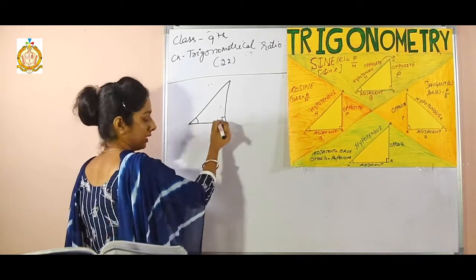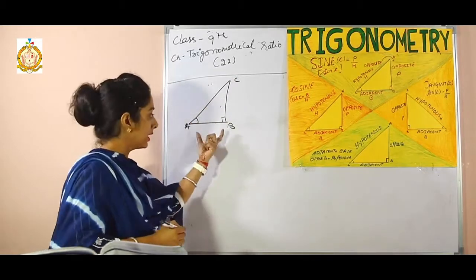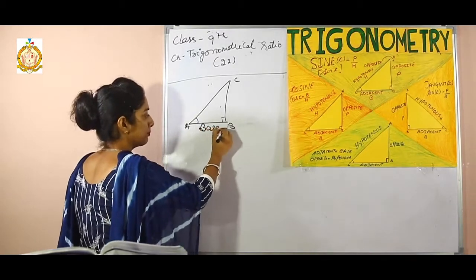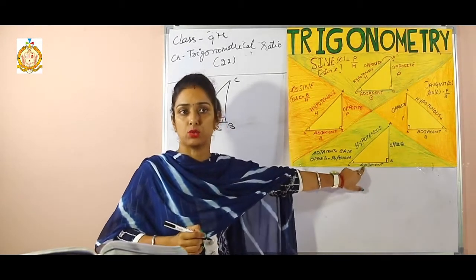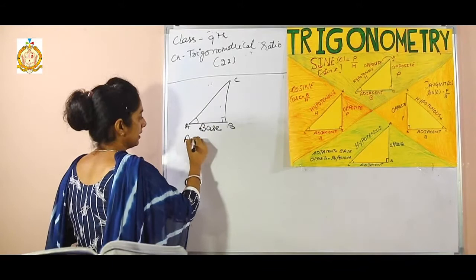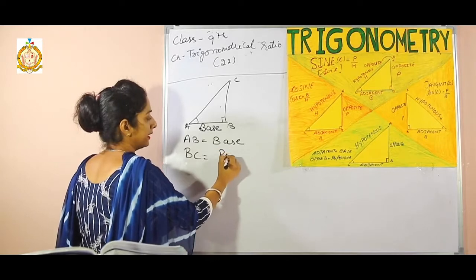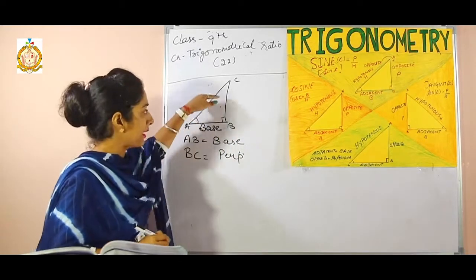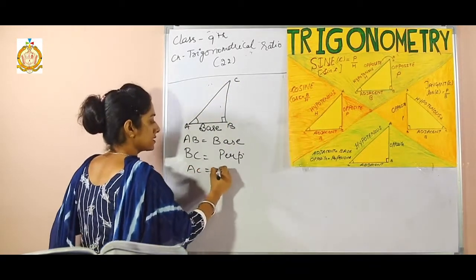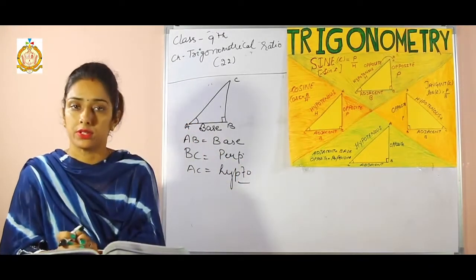Here I will name the vertices A, B, C. Here AB is the base, or you can say the adjacent side, right? BC is the perpendicular, with the 90 degree line. And what is the longest side? AC is the hypotenuse. So the longest side of a triangle is called the hypotenuse.